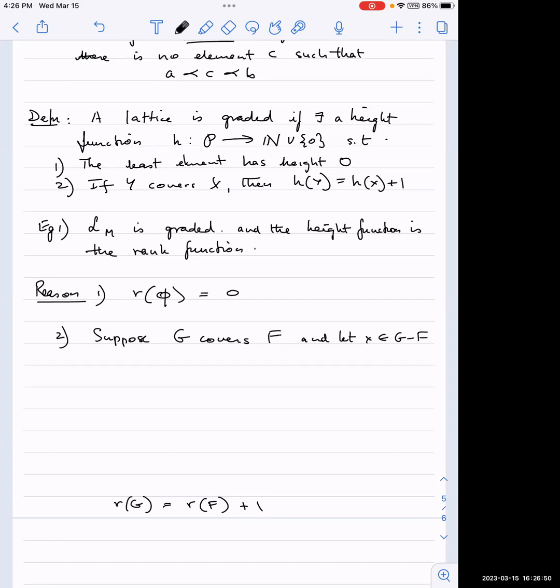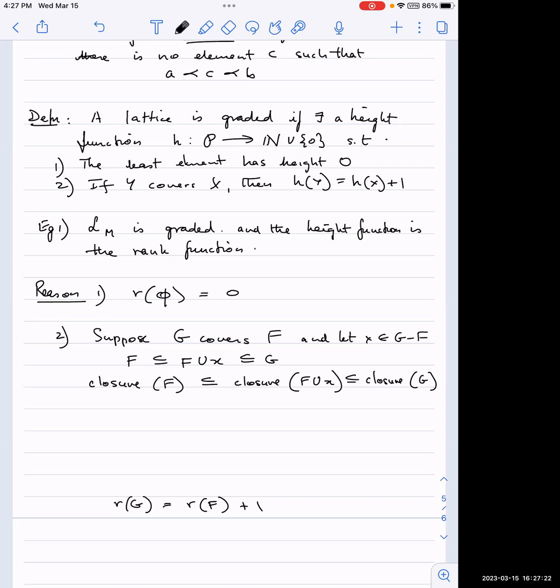So F is a subset of F union X is a subset of G, okay, right? And then closure of F is contained in closure of F union X. It's contained in closure of G, right? Agreed?